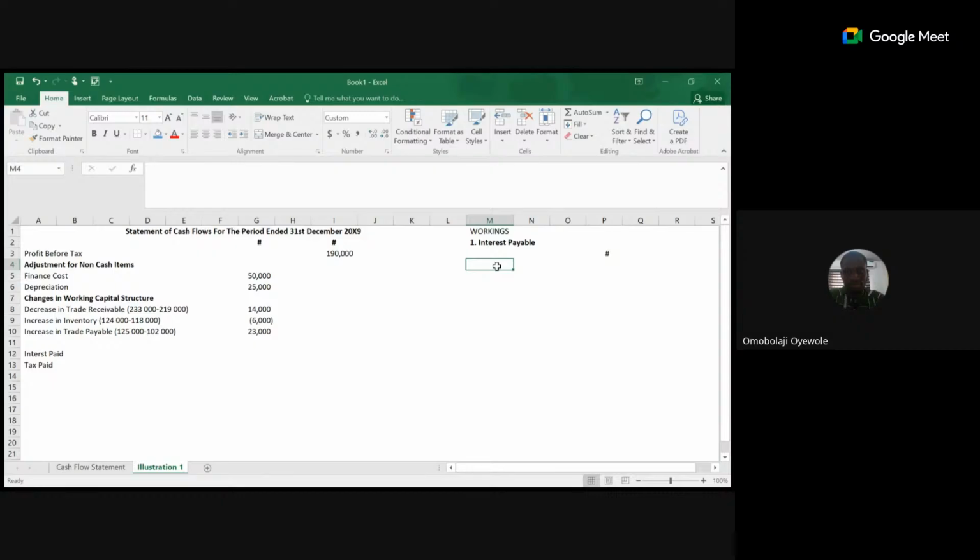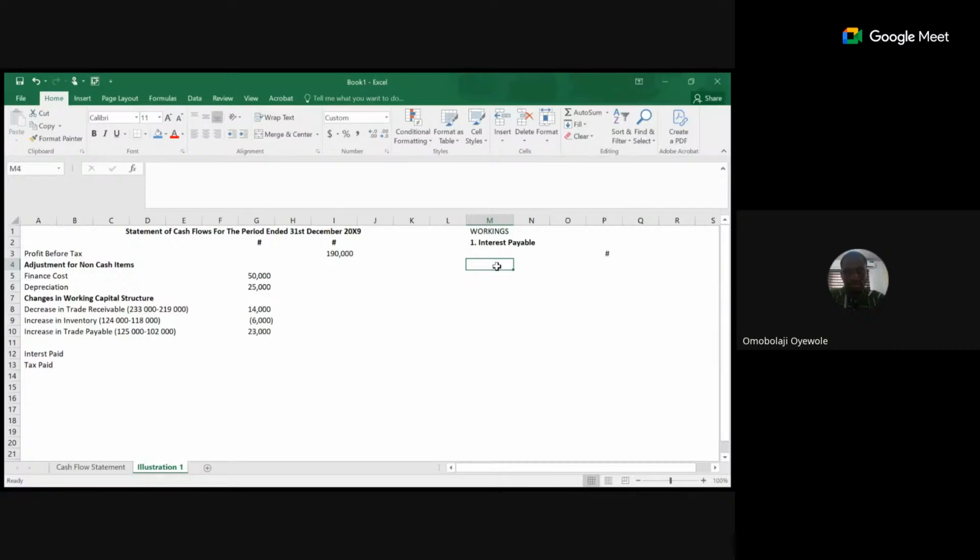If there is none, it simply means that your finance cost will represent your interest paid. But anytime there is additional information talking about accrued interest, that is interest payable as at the end of the period, we have to make adjustments to show how much interest was exactly paid.